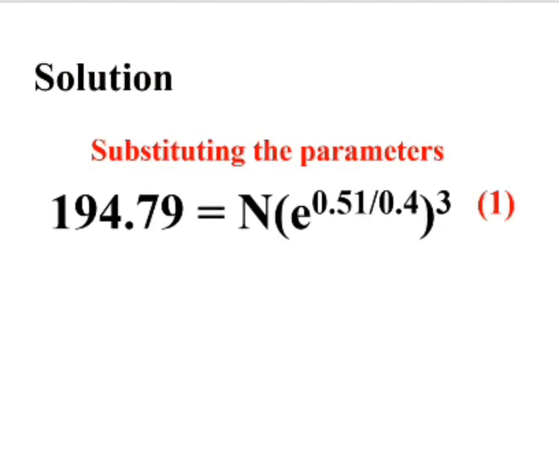Now, when we substitute these values into the model, we have 194.79 equal to N, which is the unknown, multiplied by exponential of 0.51 over 0.4 all cubed.